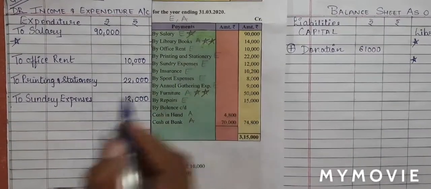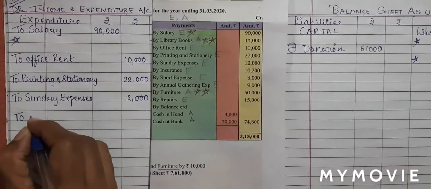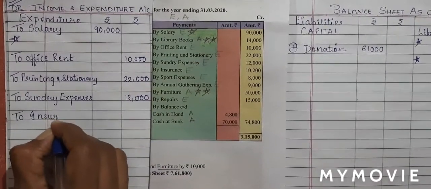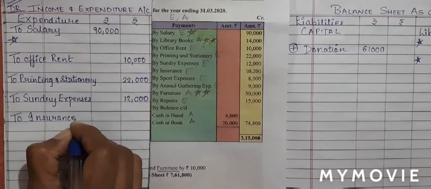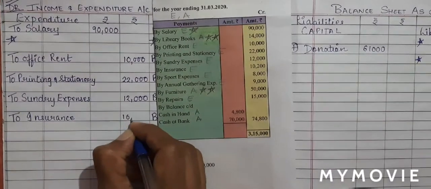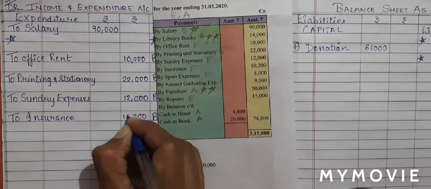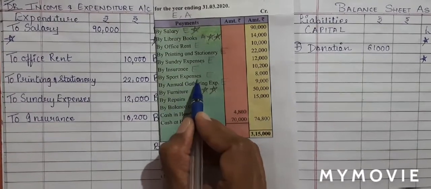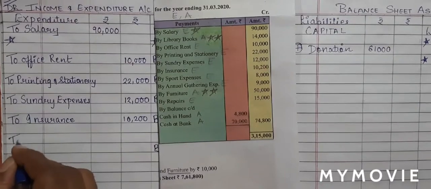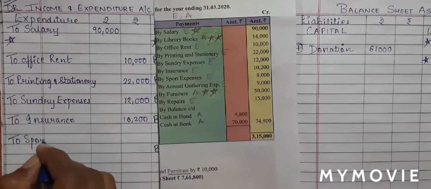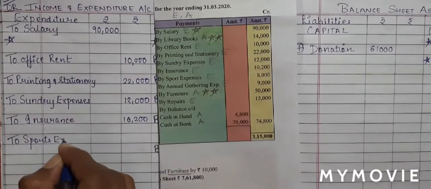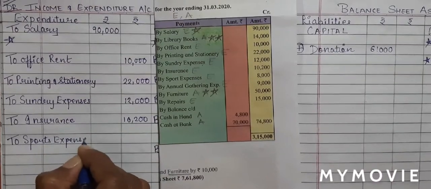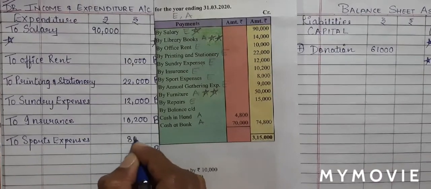Next is insurance. Again on the expenditure side, I'll write to insurance. There is no star, outer column 10,200. Next is sports expense. Again on the expenditure side, to sports expenses. Outer column 8,000.